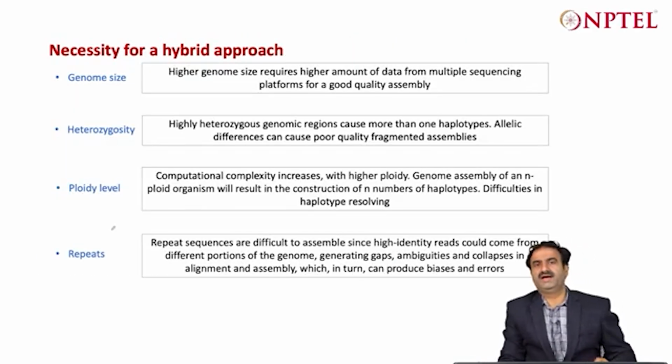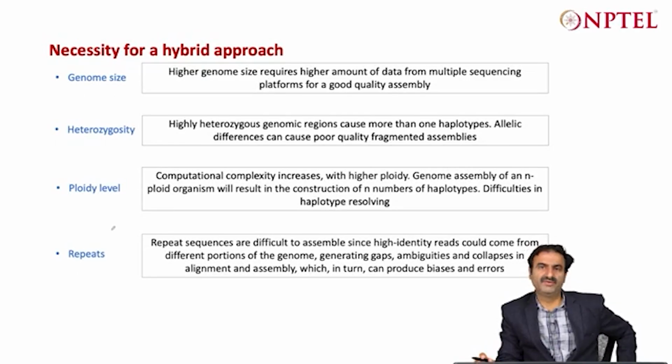Okay, so a hybrid approach is needed because we are dealing with genomes which could be very large in size. They may be polyploid, so multiple copies of the genome could be there, right? Polyploidy increases the complexity, and it is also difficult to resolve the haplotypes in case of polyploidy.